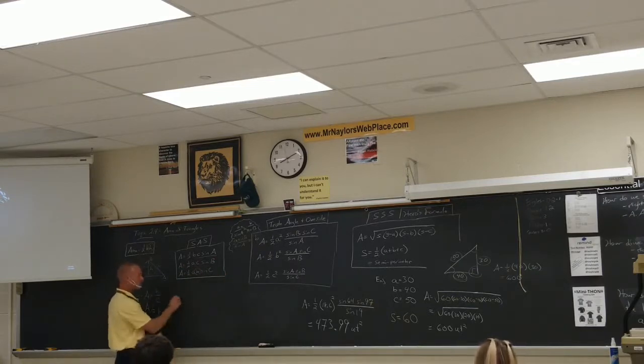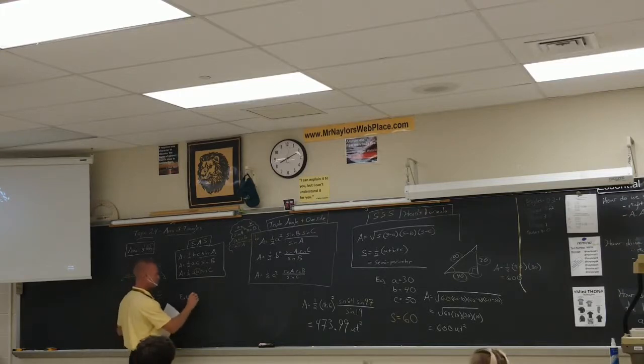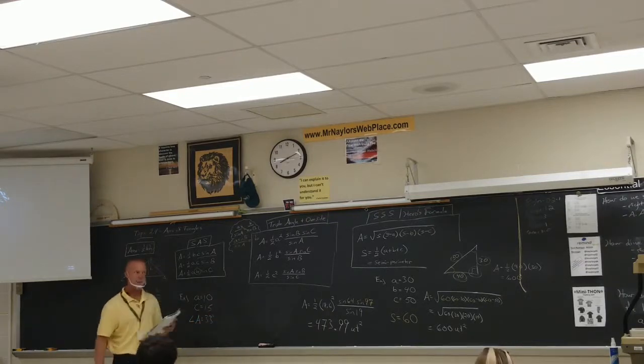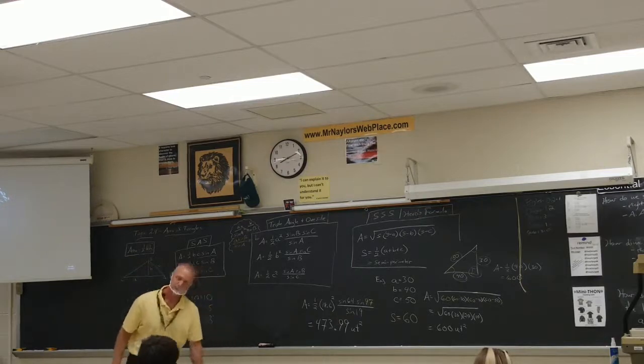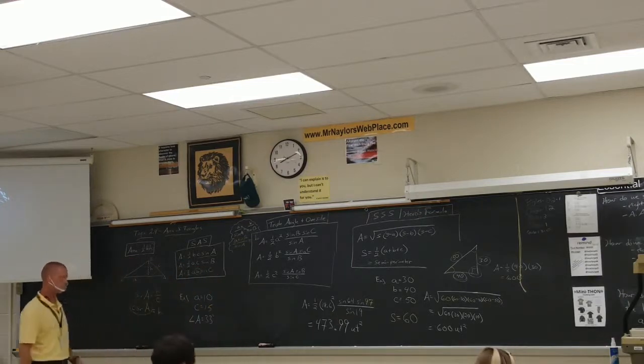I'm just going to put this underneath because I don't want to erase all these formulas. What would you do if you had this scenario? Side A equals 10, side C equals 15, and angle A equals 33.